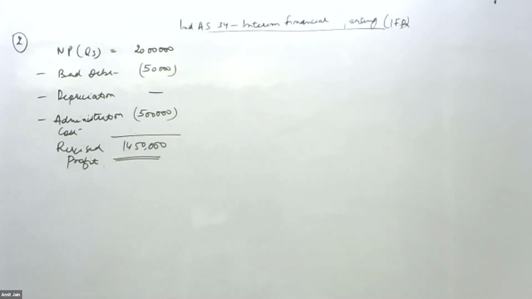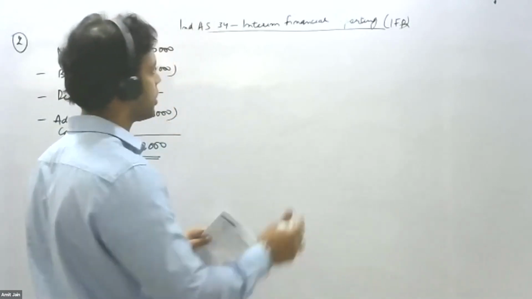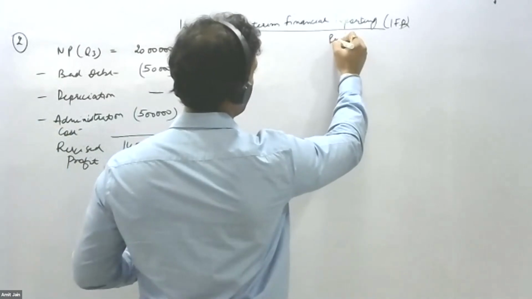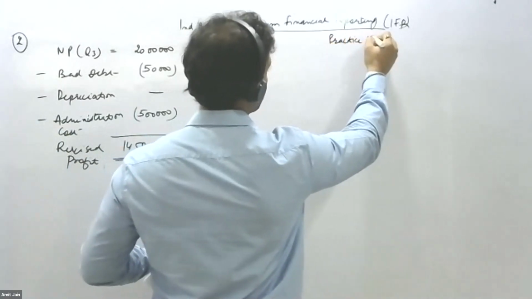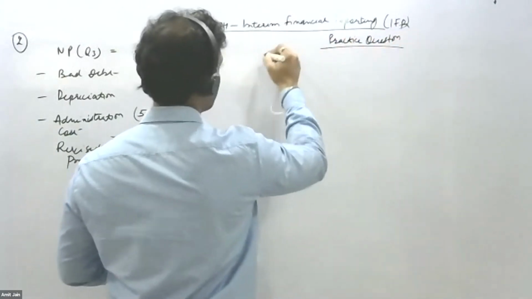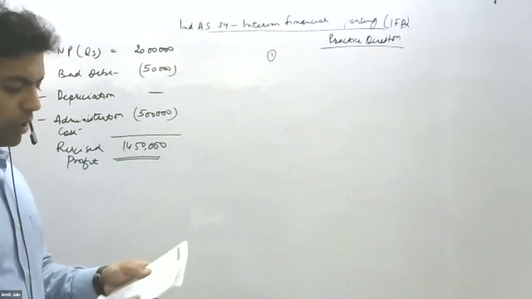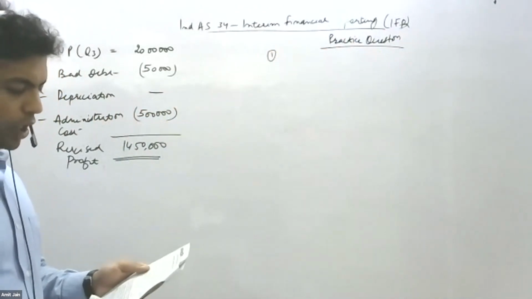Okay guys, let's take a couple of more questions. Right, question number 1 of test your knowledge, practice question. Now we are talking about practice question as well. Right, question number 1. What the question is saying, company expects to earn a 15,000 pre-tax profit PBT for each quarter.